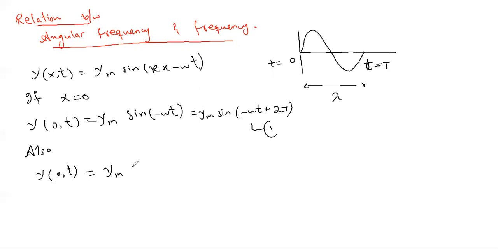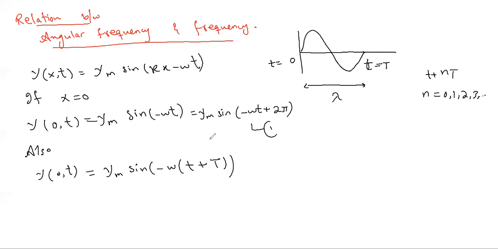So y_m into sine of minus omega (t plus T). It doesn't matter what multiple of T I add. If I add T plus n pi, as long as n is an integer, 0, 1, 2, 3, it doesn't make any difference because it's just a number of complete oscillations of the wave.